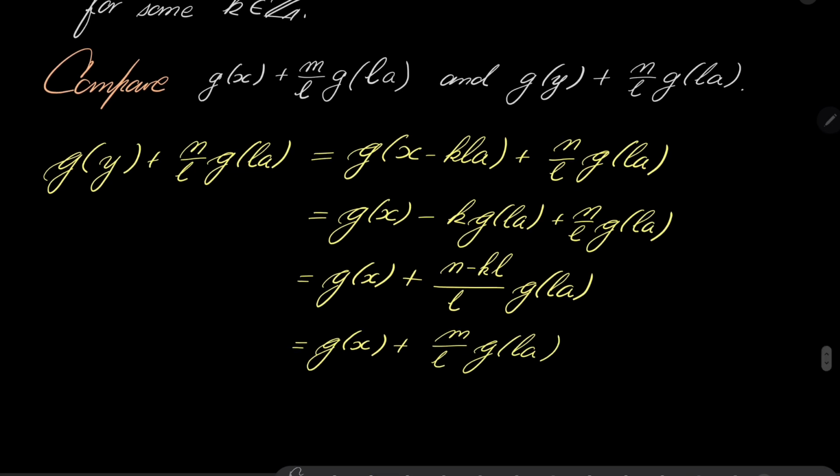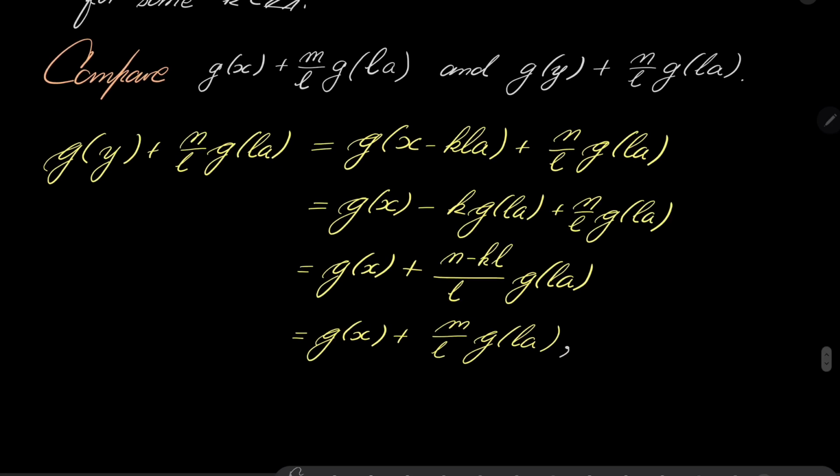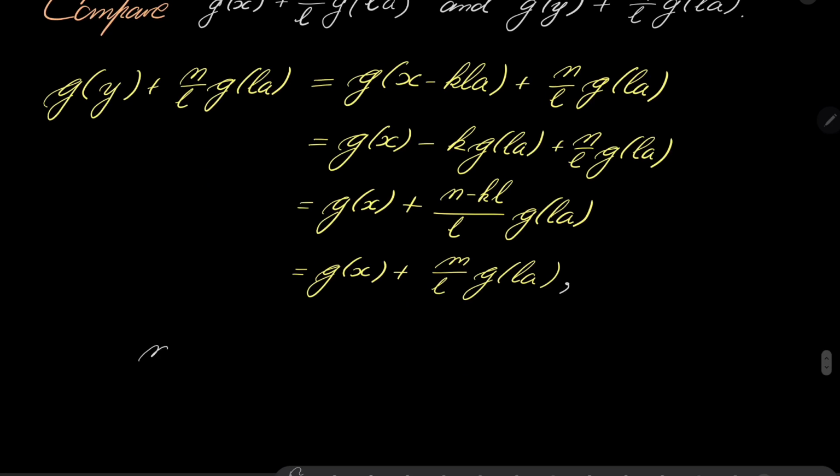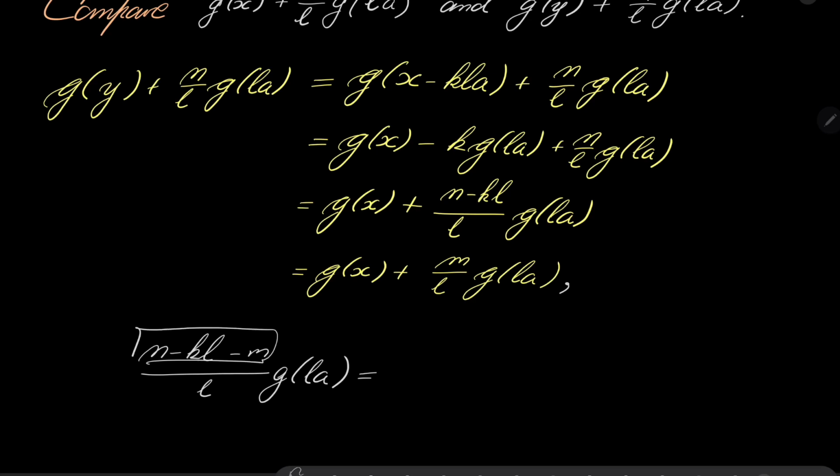All right, maybe let's spend a while on demonstrating this equality. Well, notice that n minus kl minus m over l g of la, we can actually take this inside because it's a homomorphism.